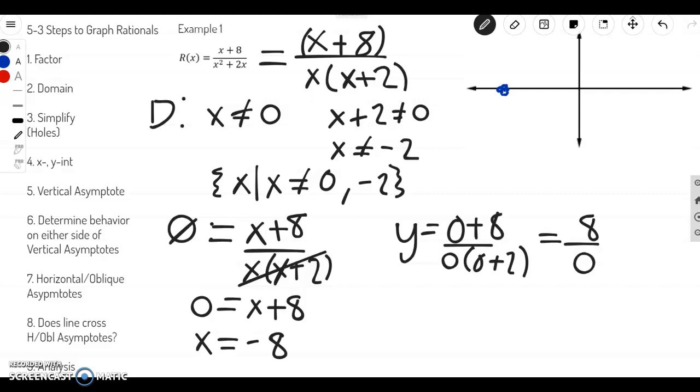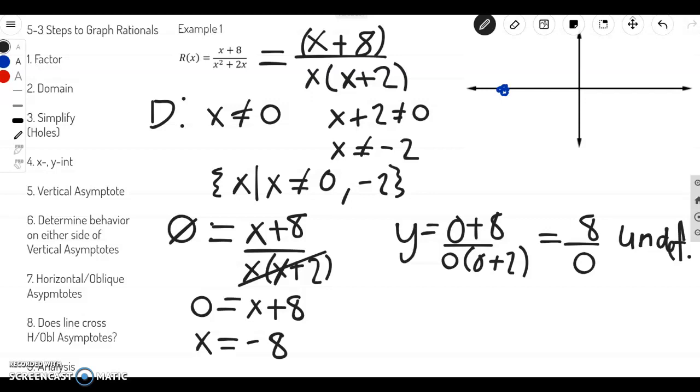And this is undefined. What that means is the graph of our rational function will not touch the y-axis. This means that we just don't have a y-intercept, and the reason is because this value is undefined. Undefined values do not exist on graphs.